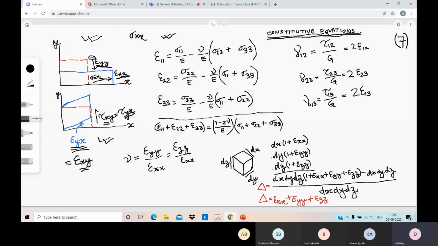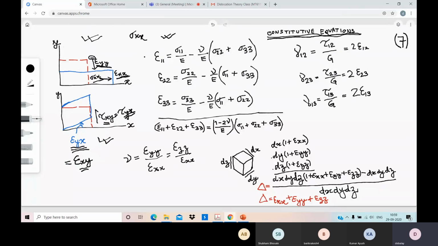Remember, this is applicable to elastic condition, and in plastic condition also the relation will not be much different. I will tell you what is the small difference that will be there under plastic condition. So constitutive equations are these equations.